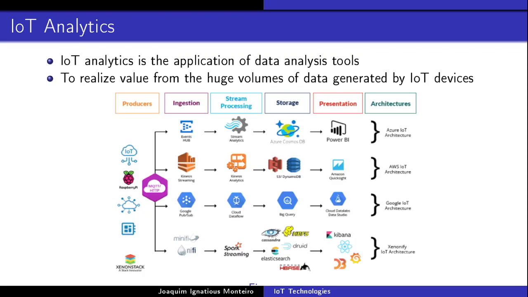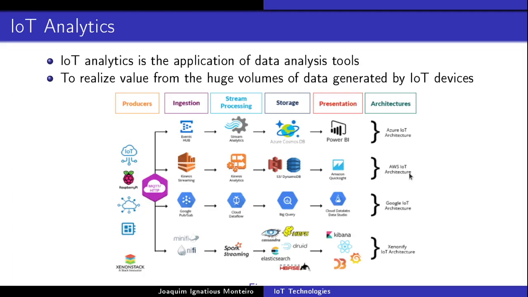Now we come to nearly the concluding part, which is IoT analytics. With all the data gathered, we need to analyze it. We have different tools; the web-based, cloud-based tools are available. You have Microsoft Azure, that is one platform.